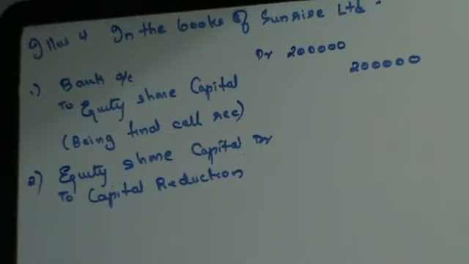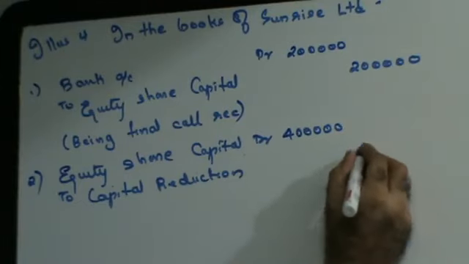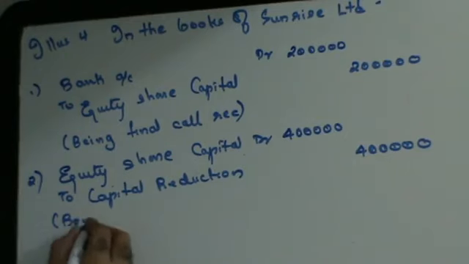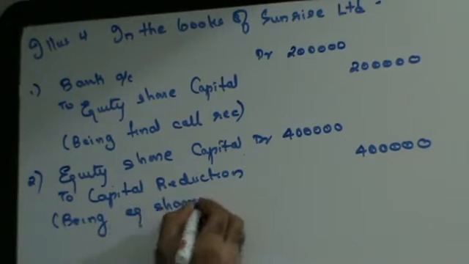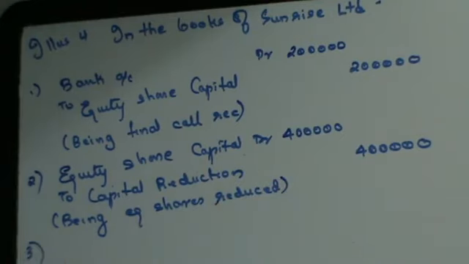Now, how many shares I have? 80,000 shares, 5 rupees per share, 4 lakhs. Being equity shares reduced. Next.